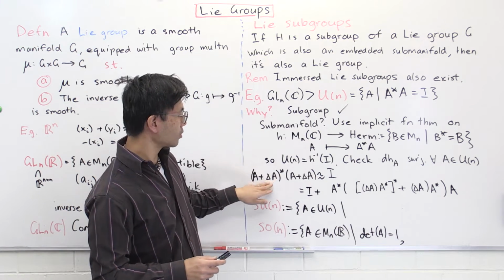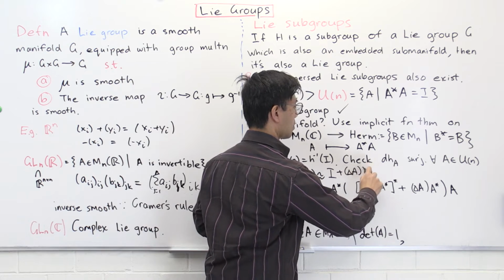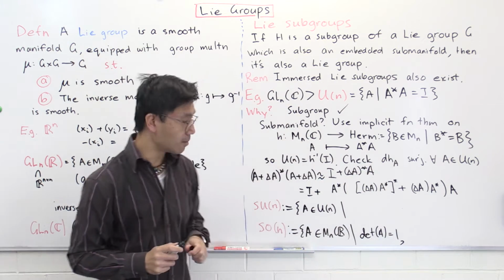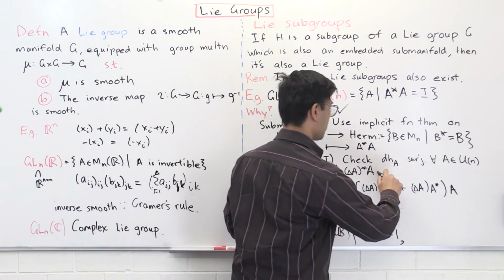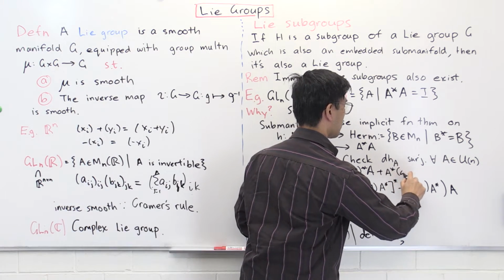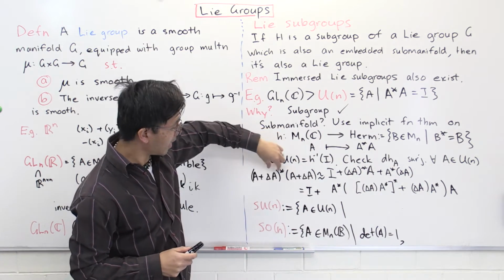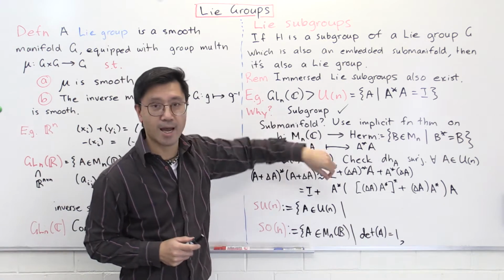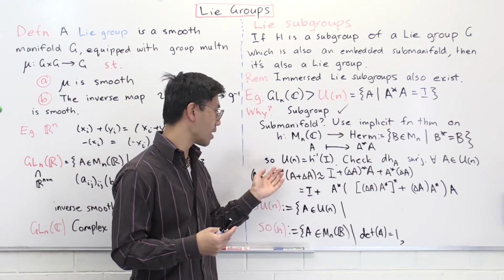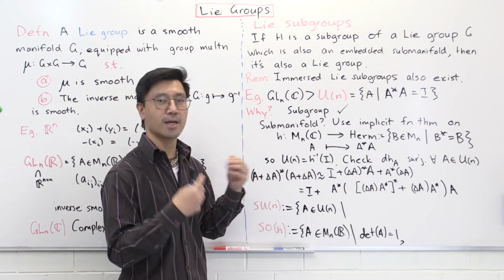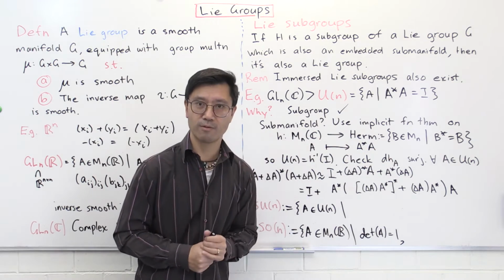And then you get this delta A star times A, and you get this A star times delta A. And then the last term you'll get is delta A star times delta A. As usual, when you're computing derivatives, this is a second order term, so you can approximate that to 0 in this calculation, because we're only interested in determining the derivative.